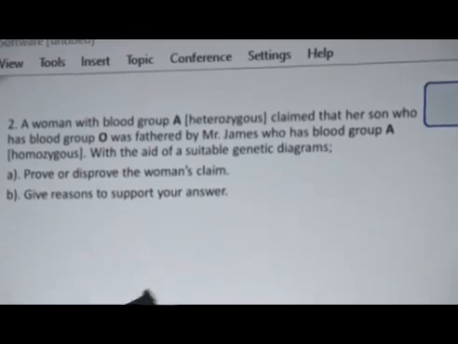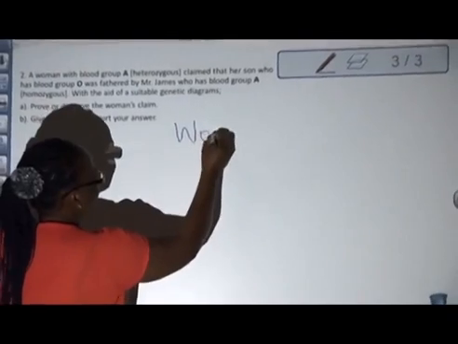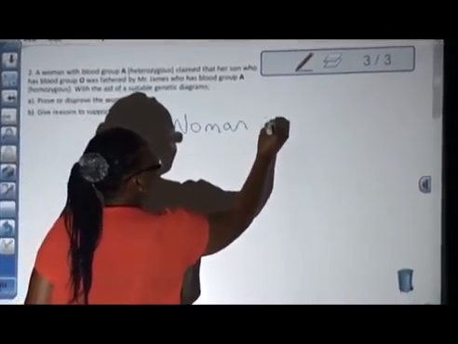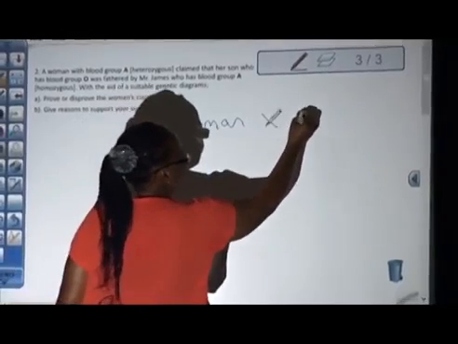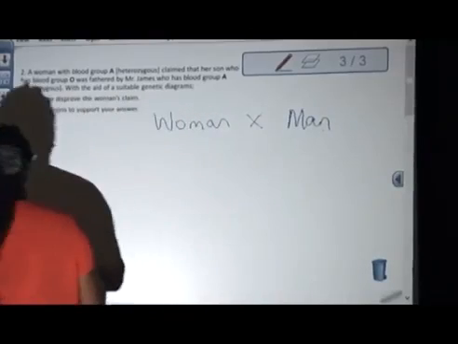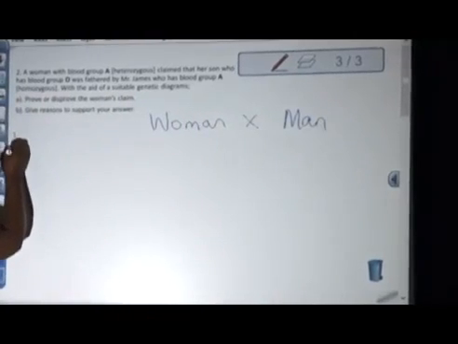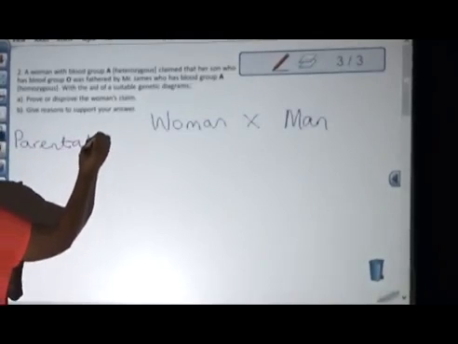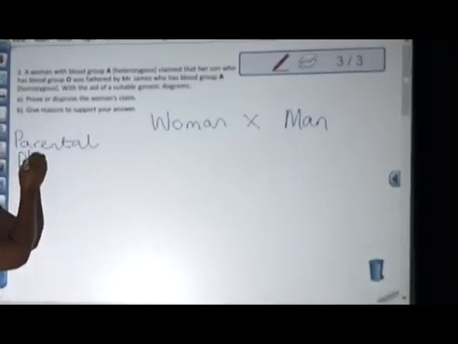You start with the woman. And the man. Parental phenotype.